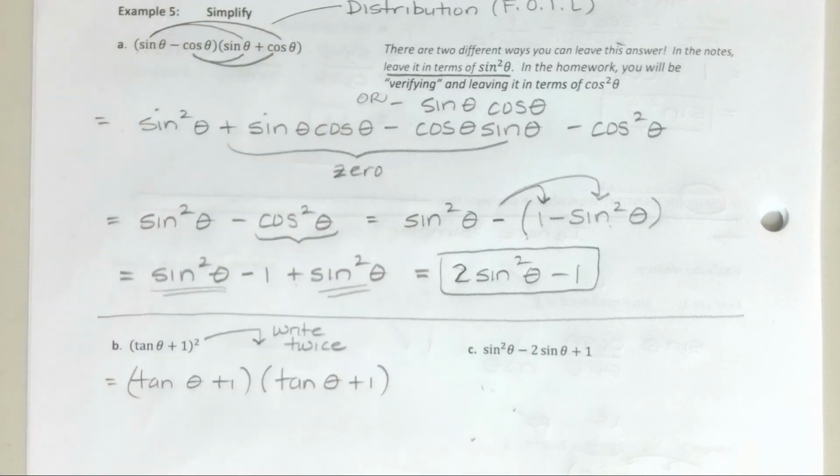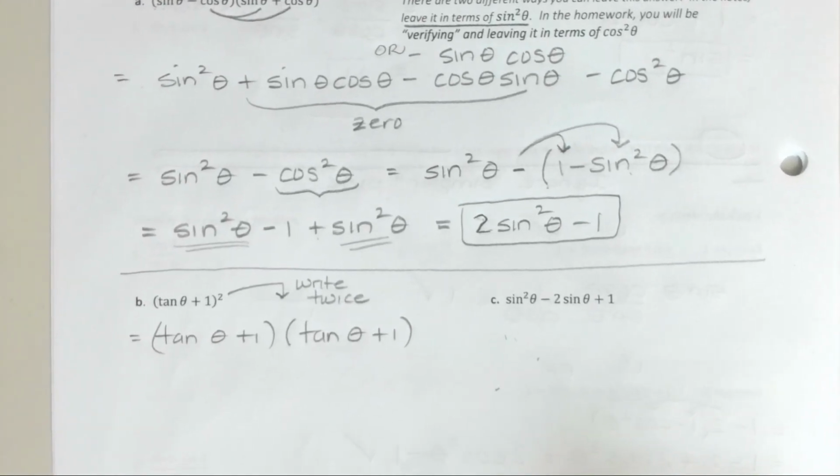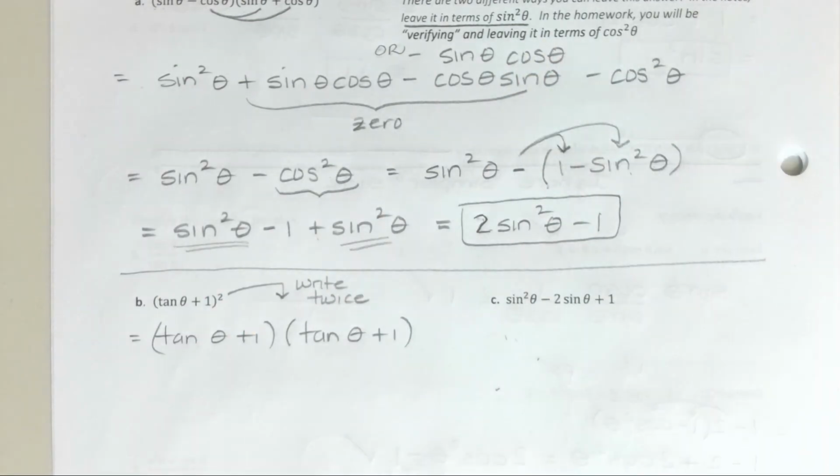You need to write it out twice in order to multiply. So practice what you just learned in A and multiply, but that's all I want you to do. You don't need to write it in terms of sine and cosine, none of that stuff. Just straight up multiply. So I'm going to give you a second to distribute and combine like terms.